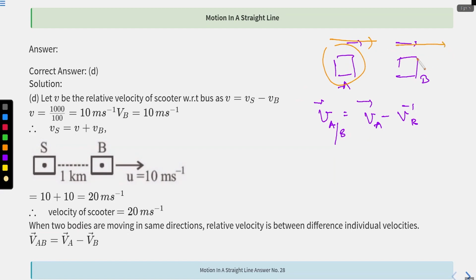Let's say this is V1 and this is V2. So I can say that the relative velocity is V1 minus V2, because if particle B is traveling further and particle A is traveling further, then there should be some relative velocity. Relative means there should be some difference between the velocities, right? What is the difference? You just subtract V2. So the velocity of A with respect to B is equal to Va minus Vb, correct?